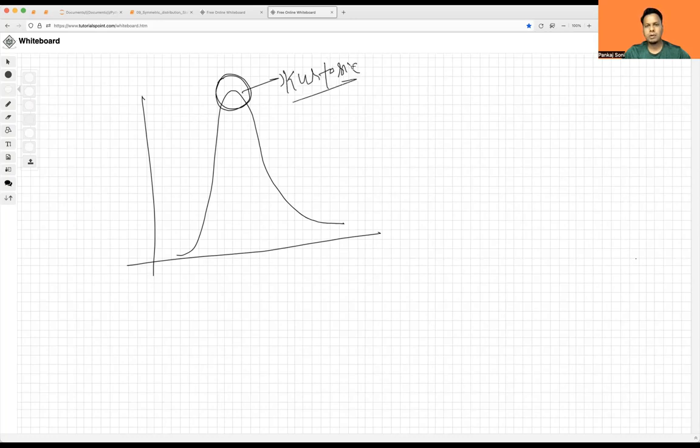There is a formula, I'm not going into that formula level, but you just remember, the more the peak is, it means more outliers are there. Let's say kurtosis is represented as k. Okay, so if k is more, it means chances of having more outliers.